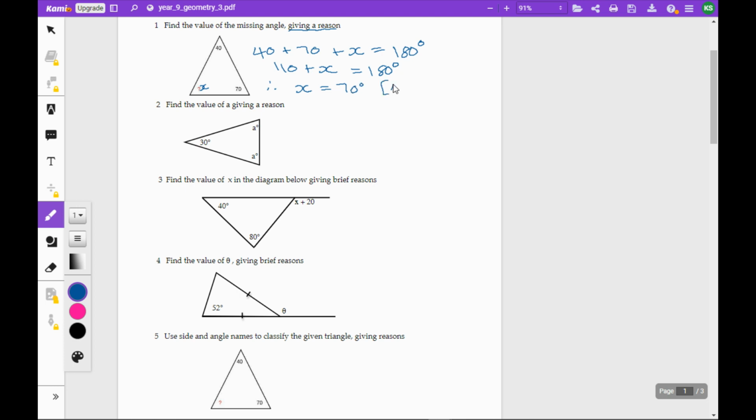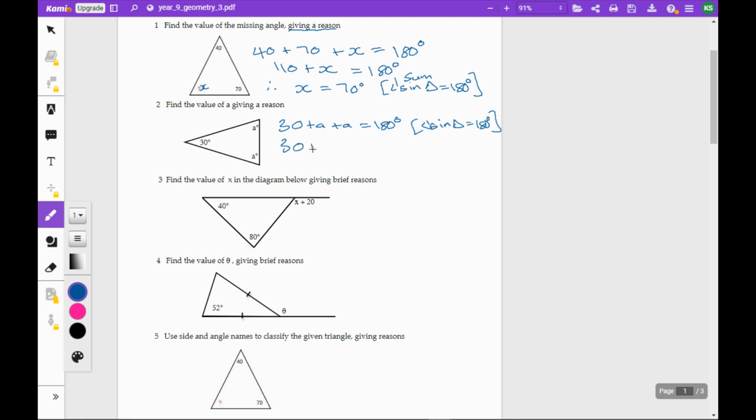And you have to give a reason. So that's angles in a triangle equals 180 degrees. Sum of the angles, you could also write sum of the angles in a triangle equals 180. The next one is, well, find the value, give a reason. Same reason, but this time we're dealing with a. So 30 plus a plus a equals 180 degrees. I'm just going to write angles in a triangle equals 180 degrees.